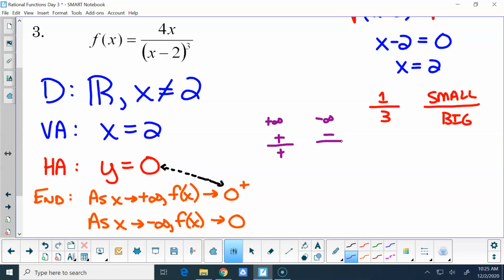So a negative times a negative times a negative is negative or positive? It's still negative. So I got a negative divided by a negative. And a negative divided by a negative is positive. So this one actually approaches 0 from above on both sides.